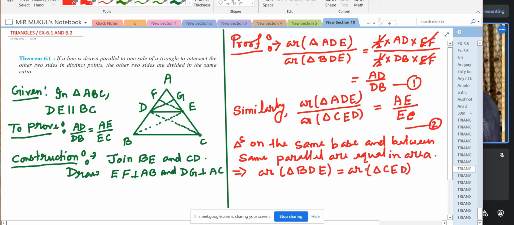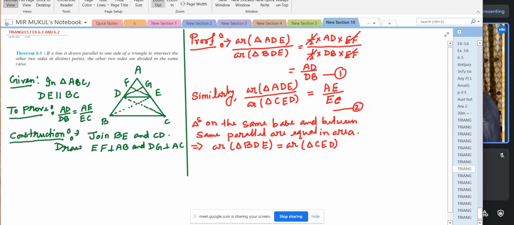If the areas of these two triangles are the same, it means the left hand sides are equal.